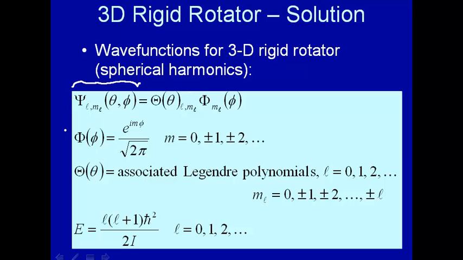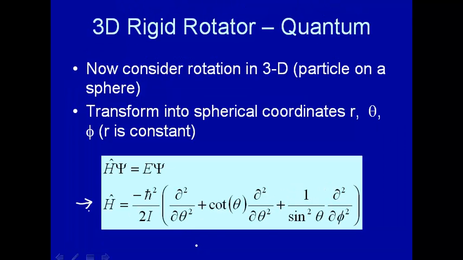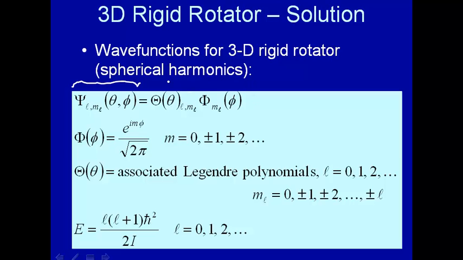If you go through the solution, what you do is you take this wave function, which is a function of these two spherical coordinates, and you then separate them, do separation of variables like we did for the multi-dimensional particle in a box.